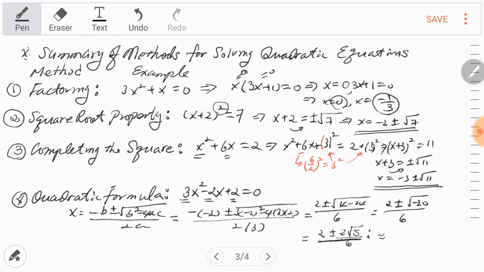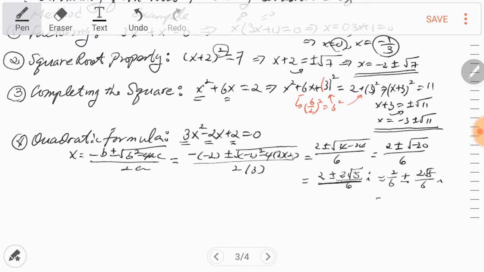Then separate the numerator and the denominator. So 2 over 6 plus or minus 2 square root of 5 over 6 i. Then simplify. So the solution is 1/3 plus or minus square root of 5 over 3 i.